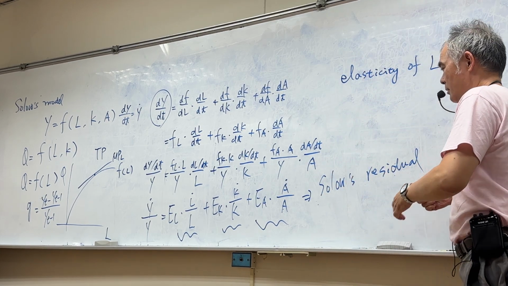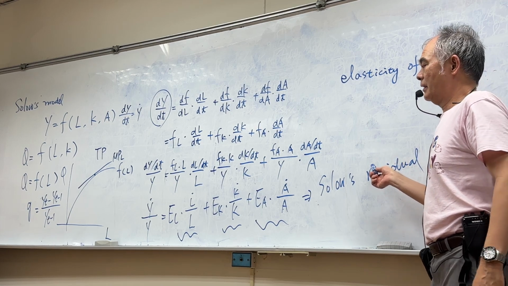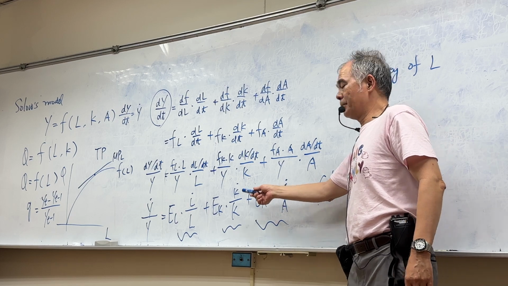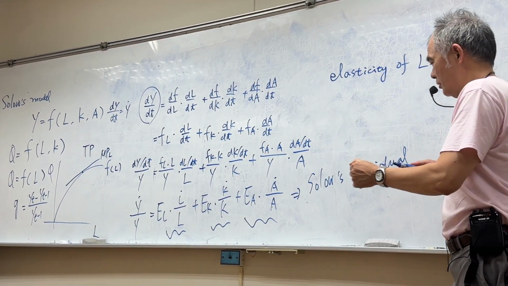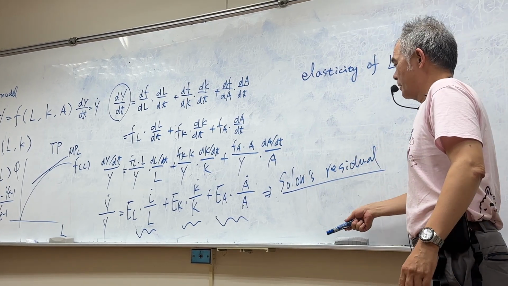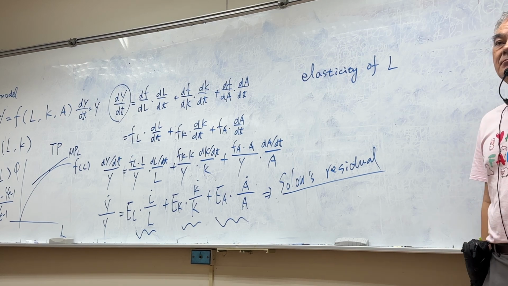That means anything that cannot be explained by labor, cannot be explained by capital, will be called technical factor. And so this is Solow's residual. It's going to take a while. And because time is almost up, let's take a break.